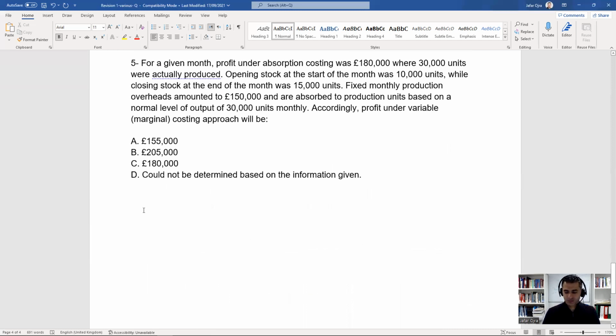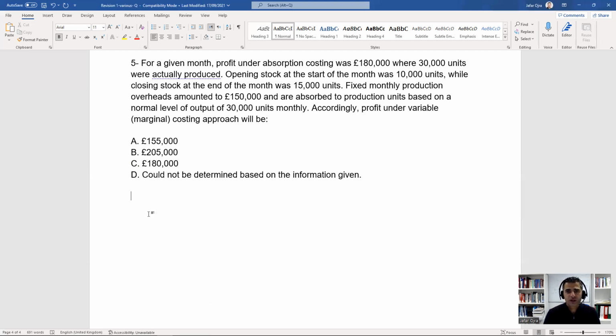Right, question number 5. For a given month, profit under absorption costing was 180,000, where 30,000 units were actually produced. Opening stock at the start of the month was 10,000 units, while the closing stock at the end of the month was 15,000 units.